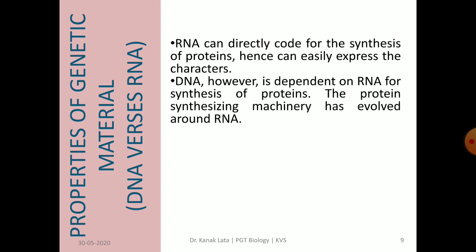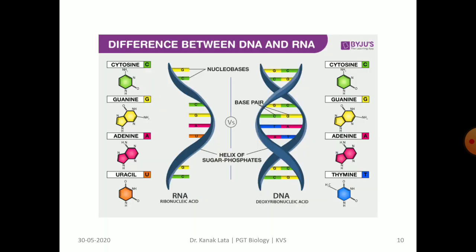RNA can directly code for the synthesis of protein, hence can easily express the characters. For synthesis of protein, DNA is dependent on RNA, as you have seen in central dogma. Thus, the protein synthesizing machinery has evolved around RNA.